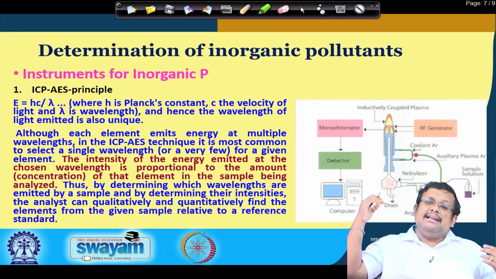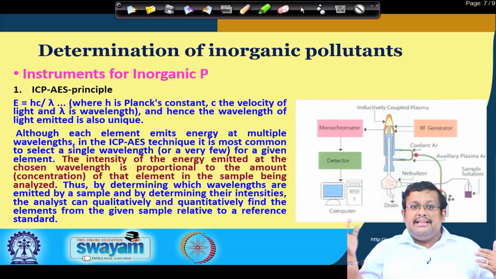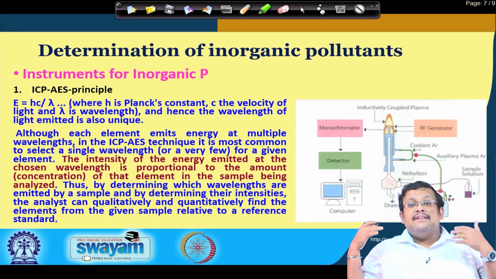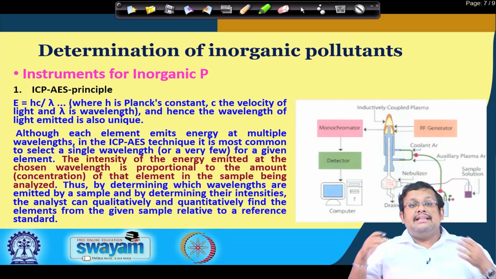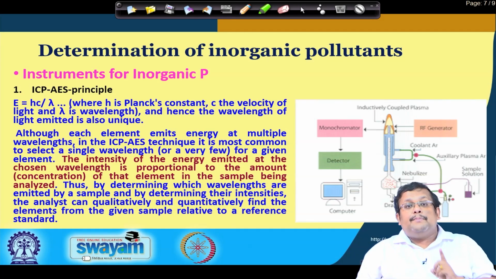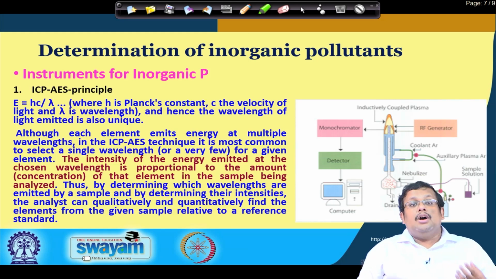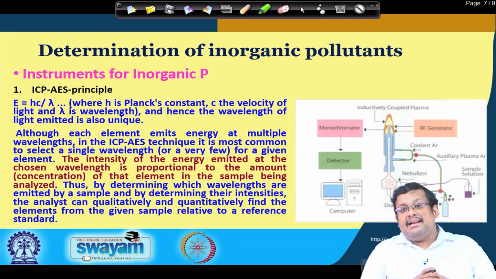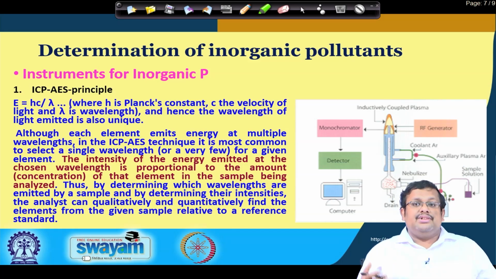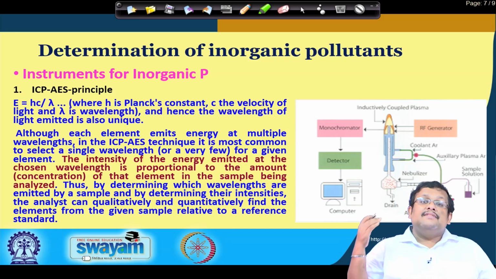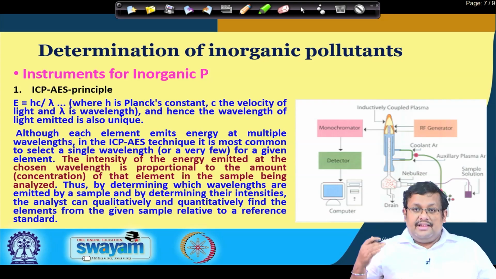So, when the excited electron comes back to its ground state, it emits the energy, and the intensity of the energy emitted at the chosen wavelength is proportional to the amount or the concentration of that element in the sample being analyzed. So, depending on the concentration, the intensity of the energy emitted will also vary.